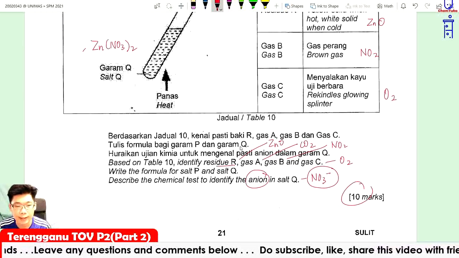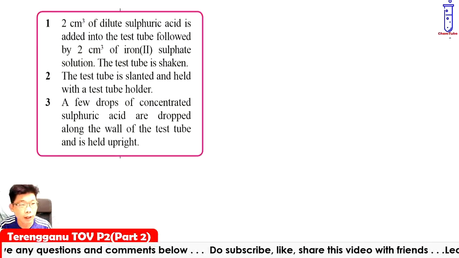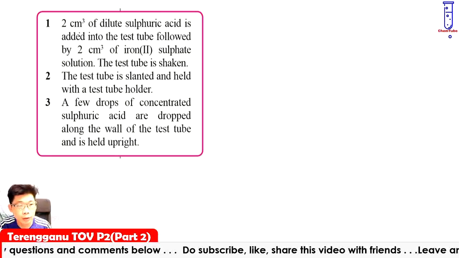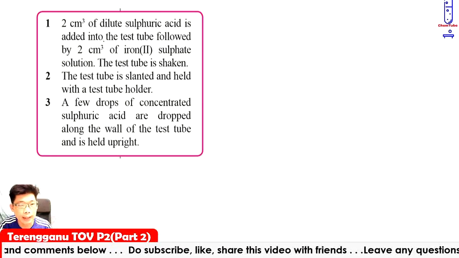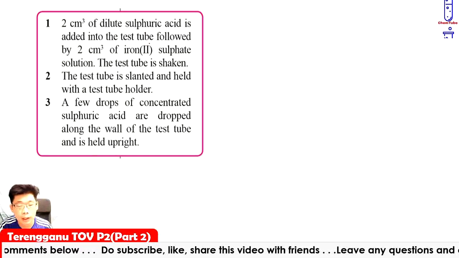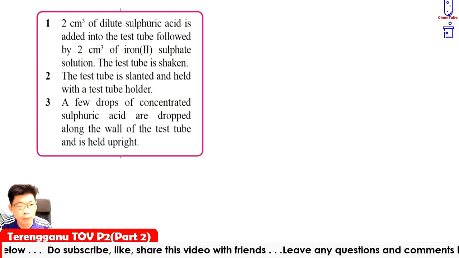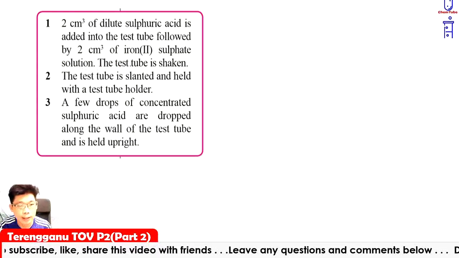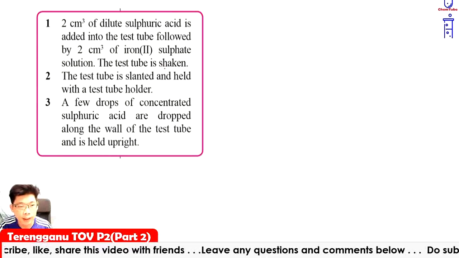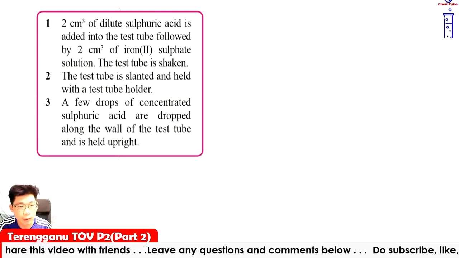Brown ring test. For testing of the nitrate ions, okay, first 2 cubic centimeter of dilute sulfuric acid is added into the test tube containing the nitrate ions, followed by 2 cubic centimeter of iron(II) sulfate solution. So the test tube is then shaken. So after that, the test tube is slanted and held with a test tube holder.